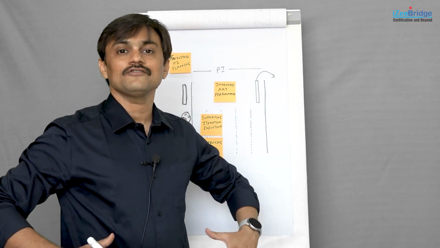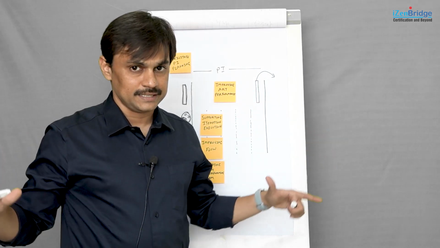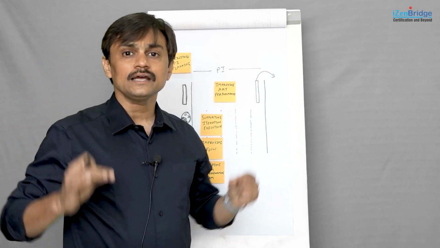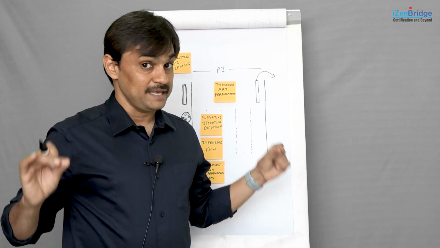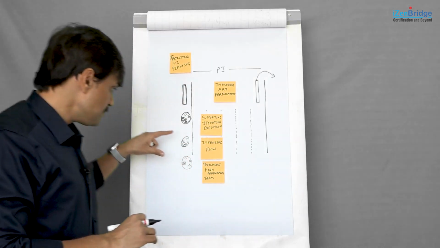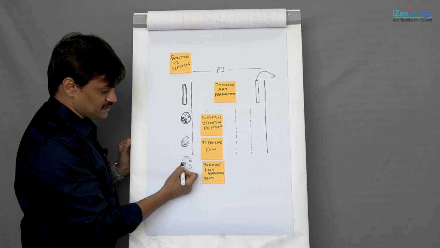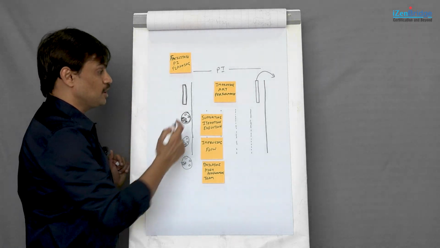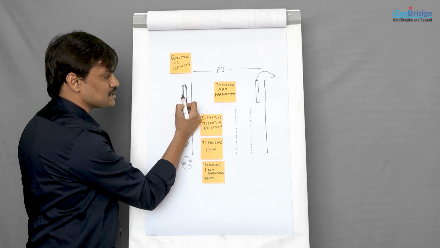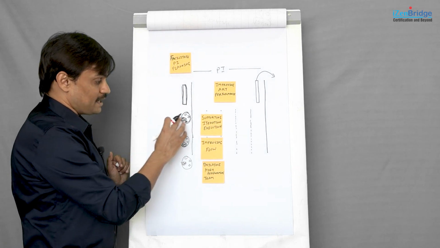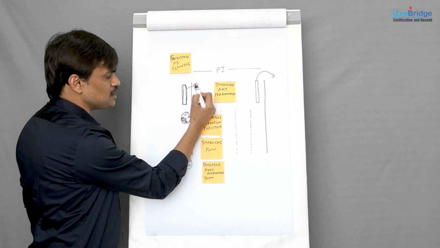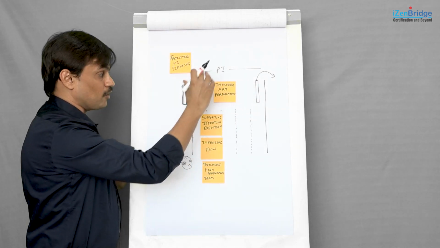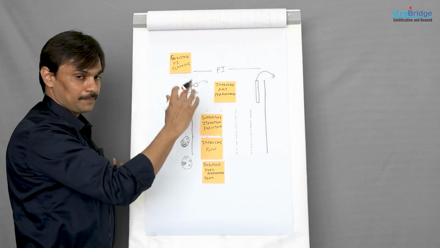In SAFe, we have an overall facilitator and leader called the Release Train Engineer, who is the leader and facilitator of that particular PI planning meeting. But the Scrum Masters, because they are leaders and facilitators of their Agile teams, work closely with the Release Train Engineer to ensure that we make the best out of our PI planning meeting, and as a result of the PI planning meeting, each team knows what they are expected to do in the upcoming PI, because they have a clear objective for the upcoming PI.